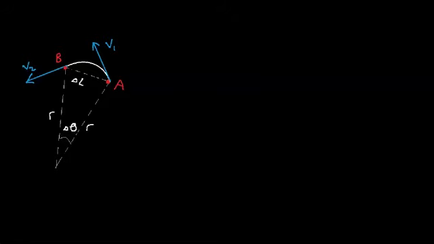Because v1 and v2 are both tangents, the angle between them is also d theta. During the time interval dt, the particle moves from point A to B, covering a distance dl along the arc, which subtends an angle d theta.